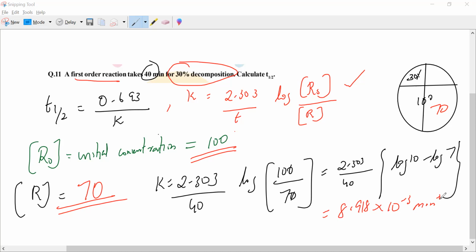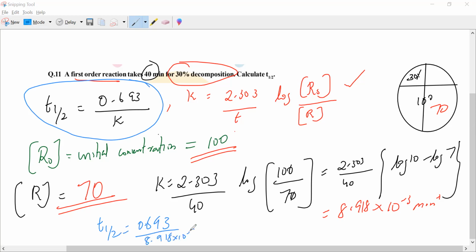We have to find T half, which is 0.693 by K. T half is equal to 0.693 by, what is my K? 8.918 into 10 power minus 3. So this is equal to around 77.7 minutes.